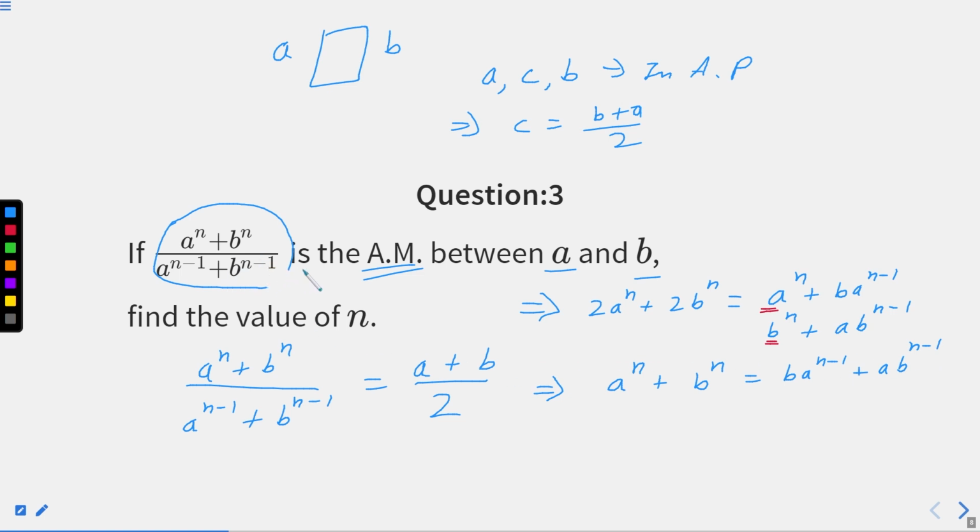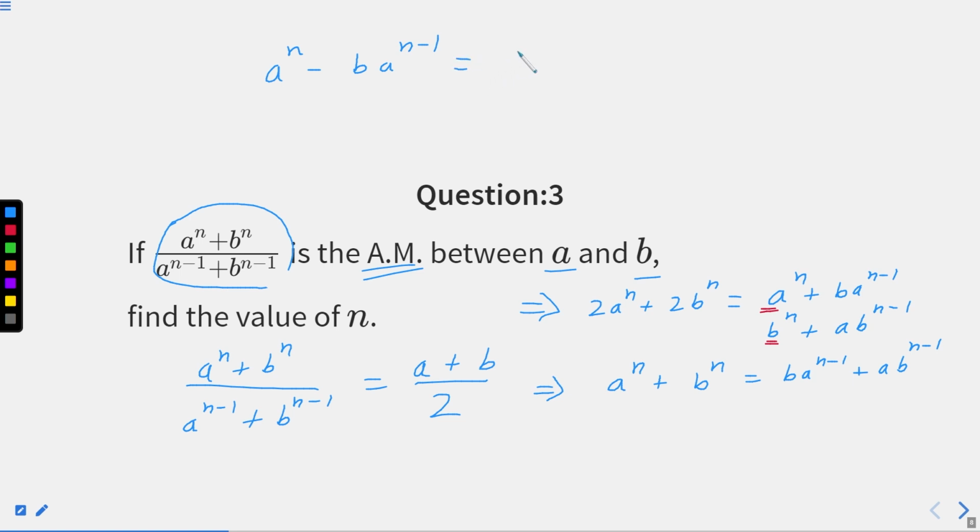Clear? Okay, now just simplify more. So A^n minus B·A^(n minus 1) is equal to A·B^(n minus 1) minus B^n. Clear?